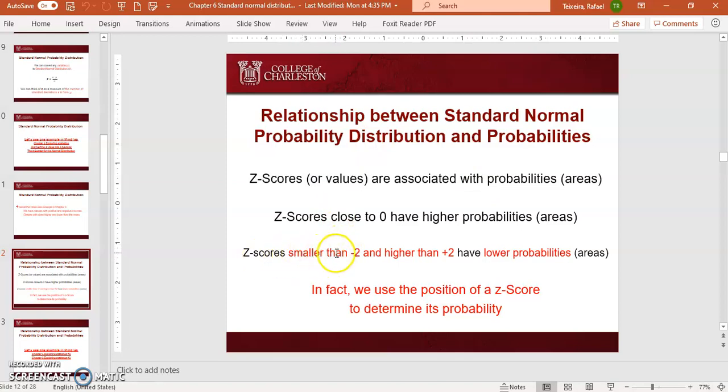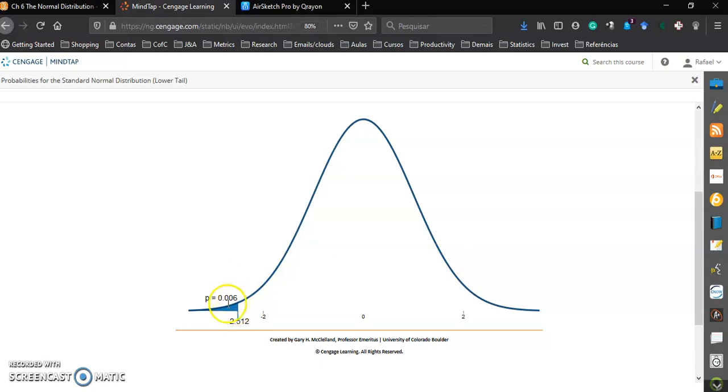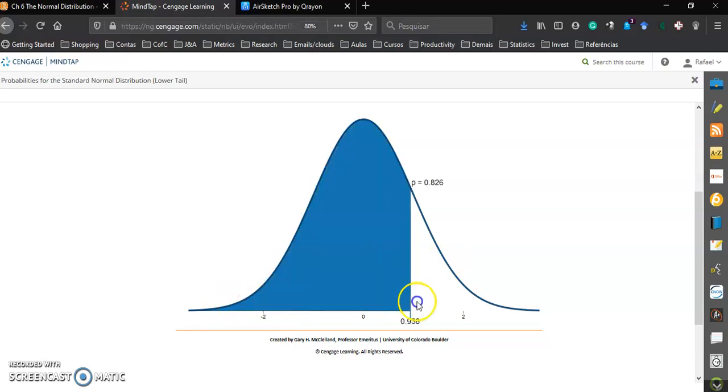Z-scores lower than -2 or higher than 2 have lower probabilities, very small probability. Okay, the opposite would be true, like a number that is higher than 2.17 would have this small area here, which is a small probability.